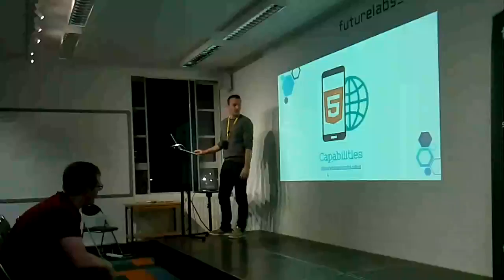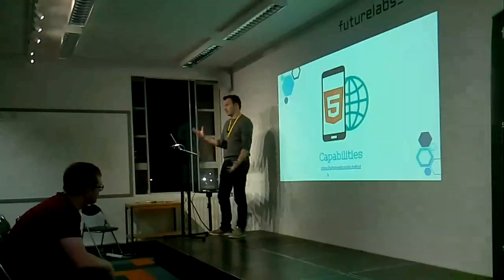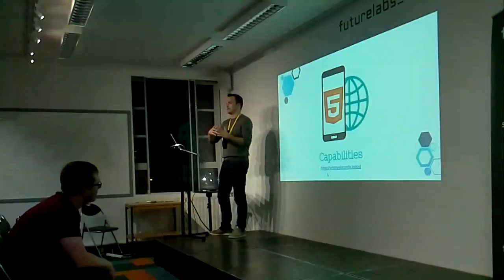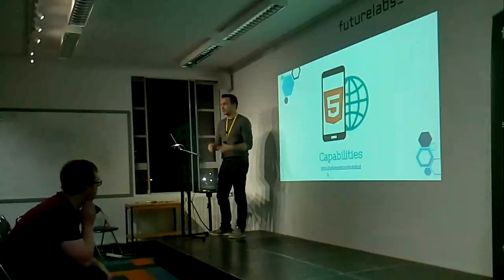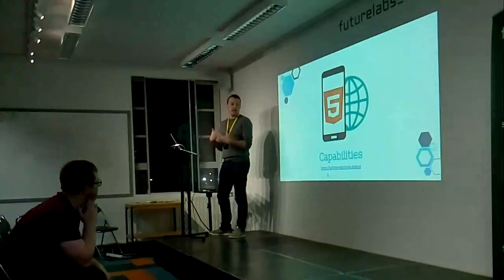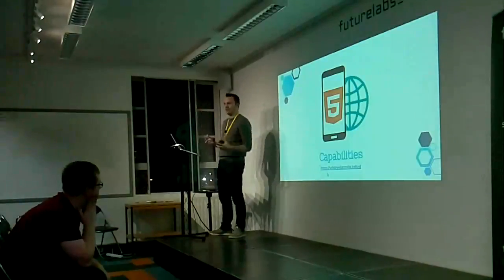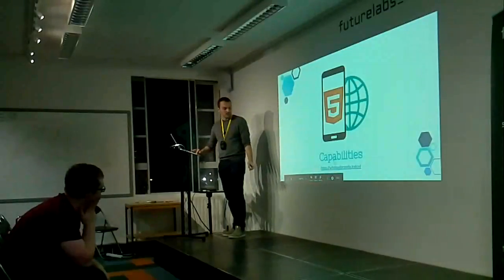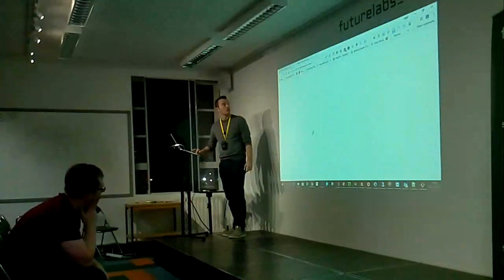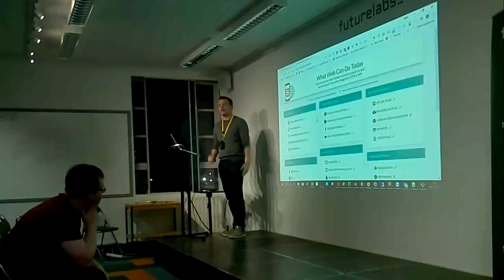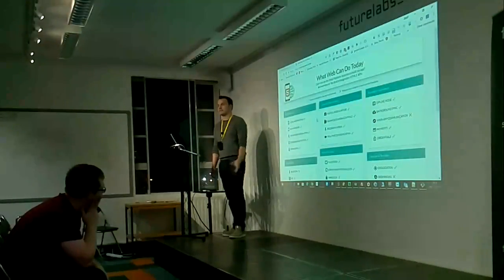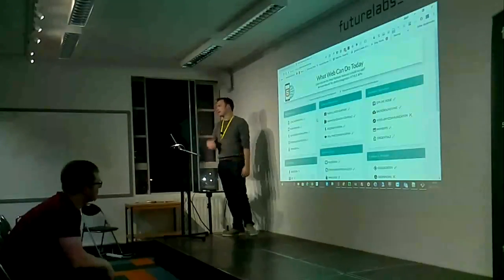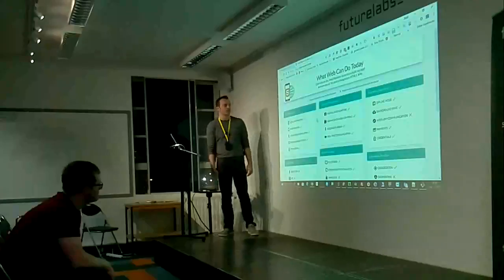So, the capabilities of progressive web apps. It's all nice, but obviously progressive web apps are limited to the capabilities of the browsers. And obviously that is changing every month, every year. Browsers are able to do a lot more. This website is actually very nice because it shows what native device capabilities browsers have today. So you can visit that website, and I'll share the presentation afterwards, so you can have a look at those URLs.